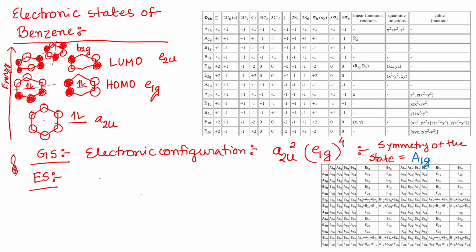Now the electronic configuration is going to be A2U2, E1G3, E2U1, right? And now what is going to be the symmetry of the state? Can you tell me?